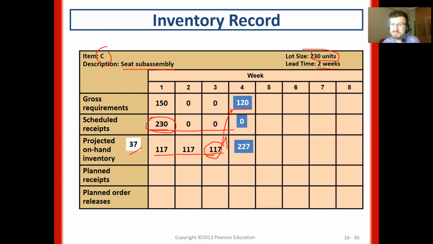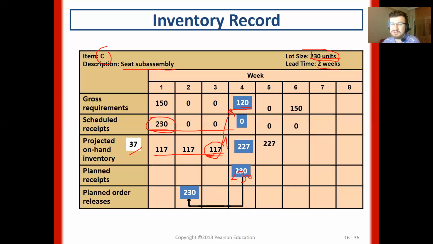So this inventory is not enough to meet this demand. What's going to happen? We need to give an order, right? Because the order size is 230 units, these 230 units should be received right here at the beginning of week 4. Then I can use that 230 with my on-hand inventory to meet this demand.